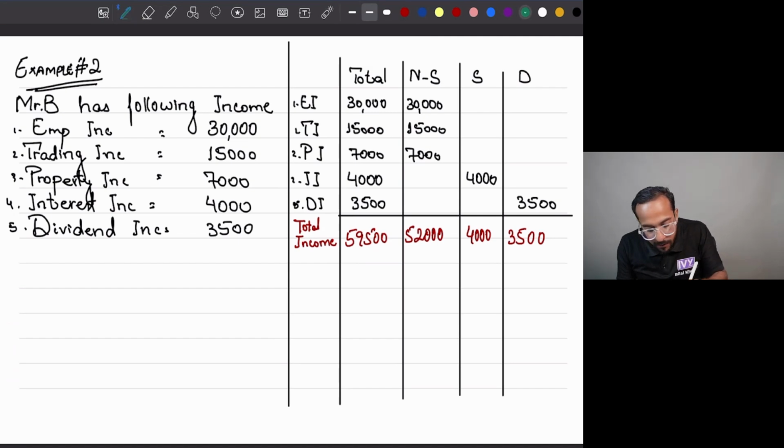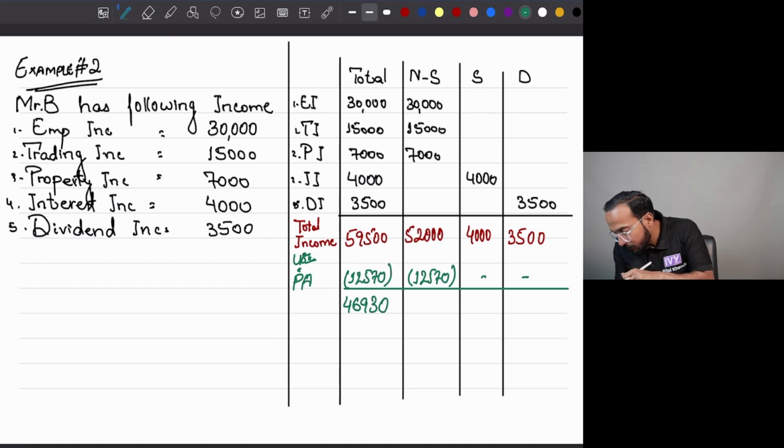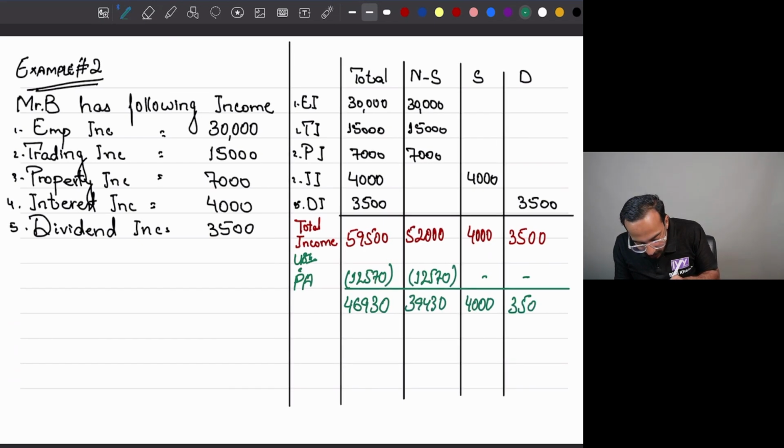Now you need to less one more thing, that is what? Personal allowance, that is fixed at 12,570, to a certain extent 12,570, right? No personal allowance left for the other columns. 59,500 minus personal allowance is 46,930. 52,000 less personal allowance is 39,430, then 4,000 and 3,500.